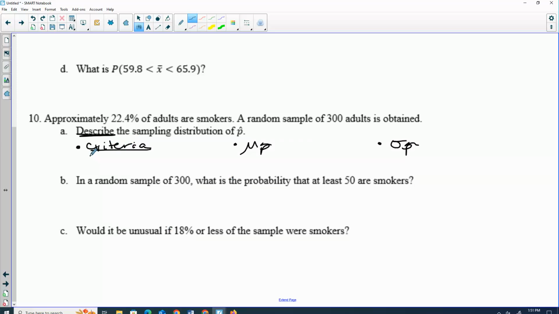So my N is 300 times the p, 22.4%, so 0.224, times 1 minus 0.224. I need that to be greater than 10. So just a quick check.